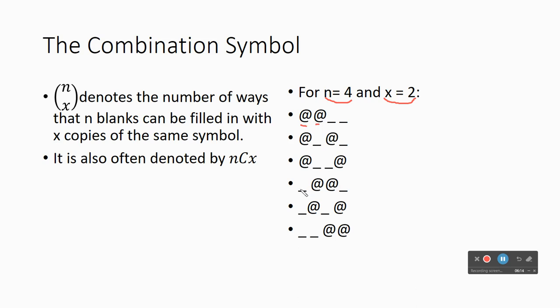And then if the first one is blank, we can have @ symbols in the second and third, the second and fourth, and the third and fourth. There are a total of 6 ways of doing this. So 4 choose 2 is equal to 6.